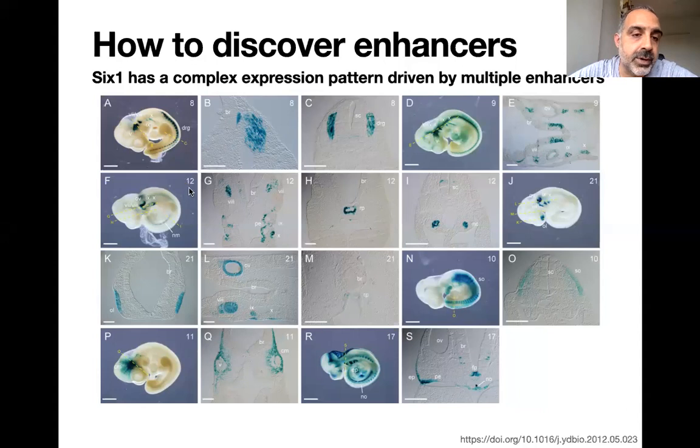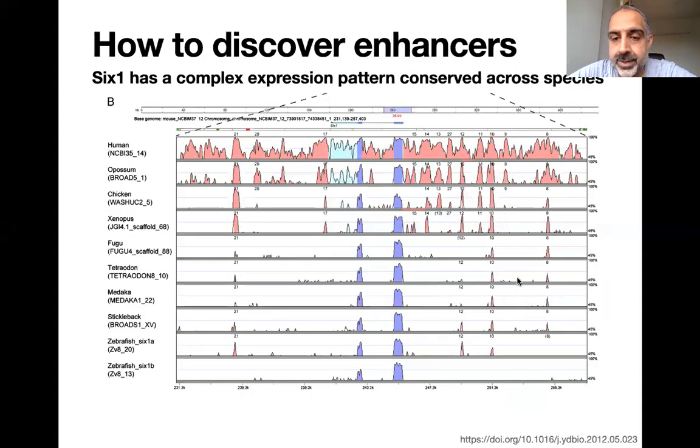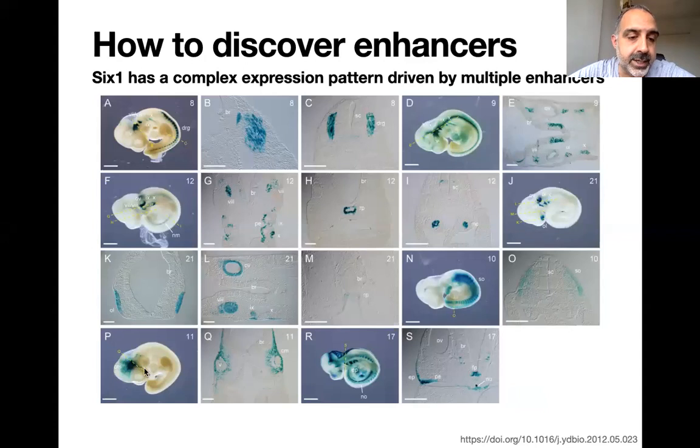Okay, this sequence 12 here is showing very beautiful expression in the endoderm and in the notochord and roof plate. Sequence 21 here, which is this highly conserved sequence that's found in the control elements all the way down to zebrafish, is showing expression in the nose and in the ear, and so on.